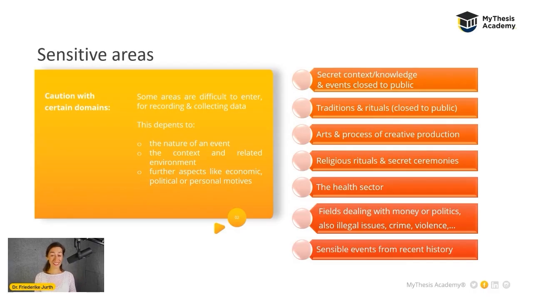And then there is another sector, which are the sensitive events from recent history.